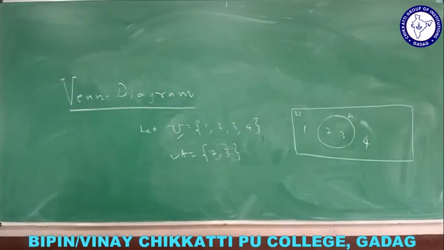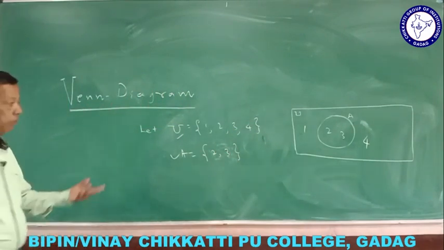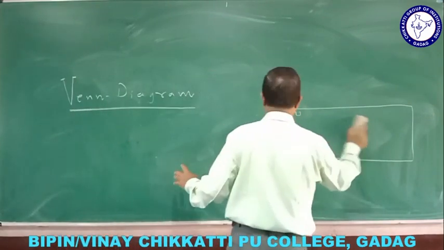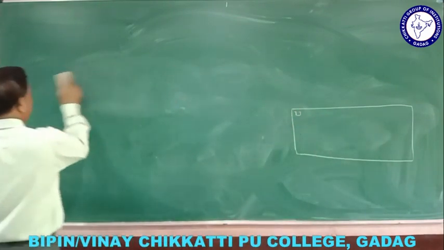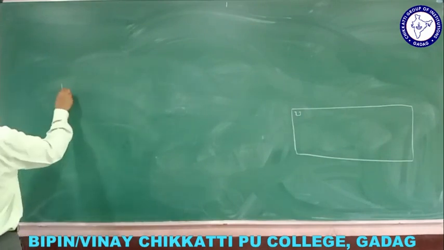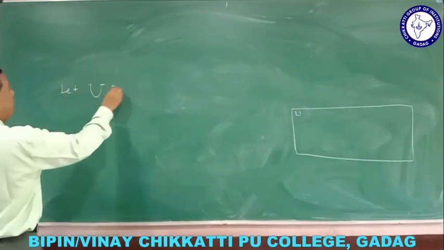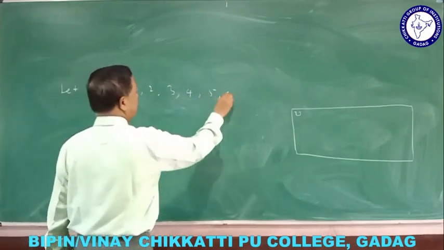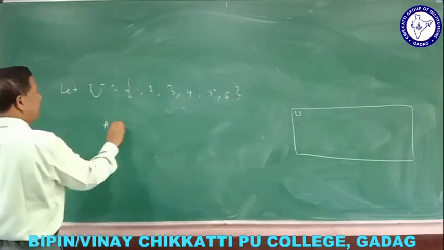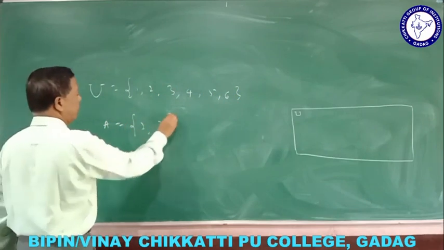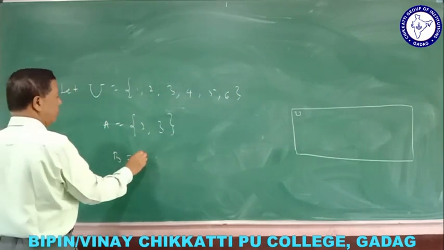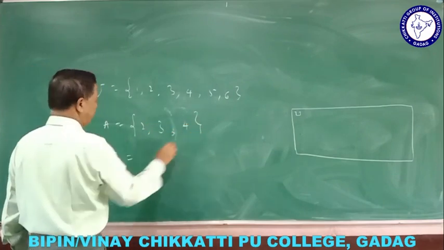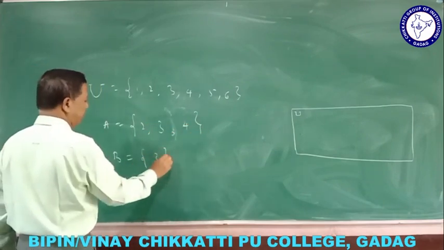Basically you try to understand, if you go for more subsets, and if I go for another example, suppose U is equal to {1, 2, 3, 4, 5, 6}, A is equal to {2, 3, 4}, and B is equal to {3}.